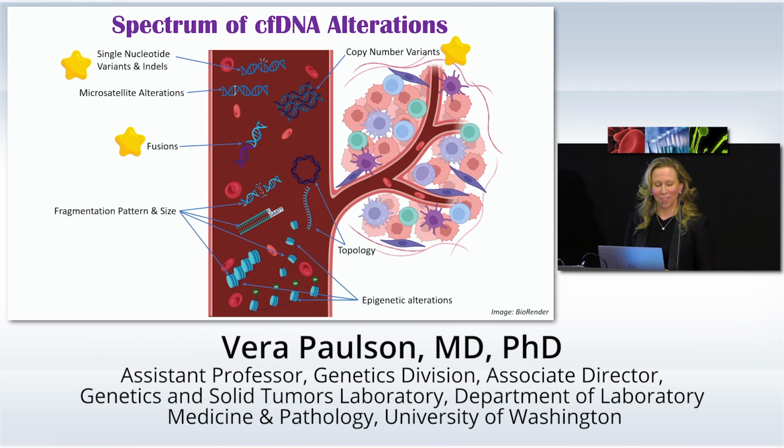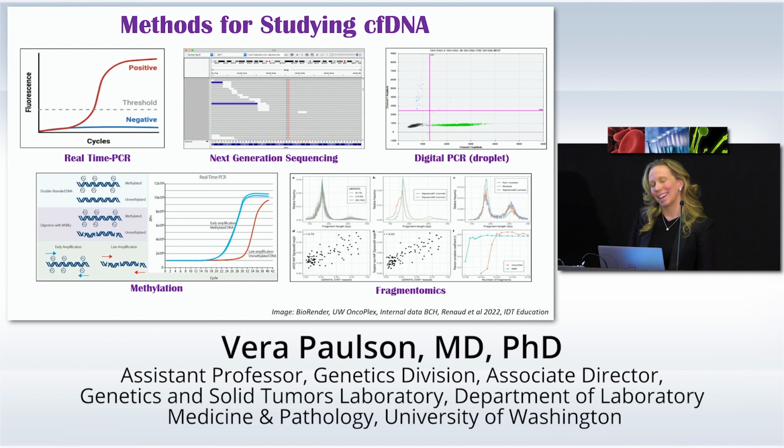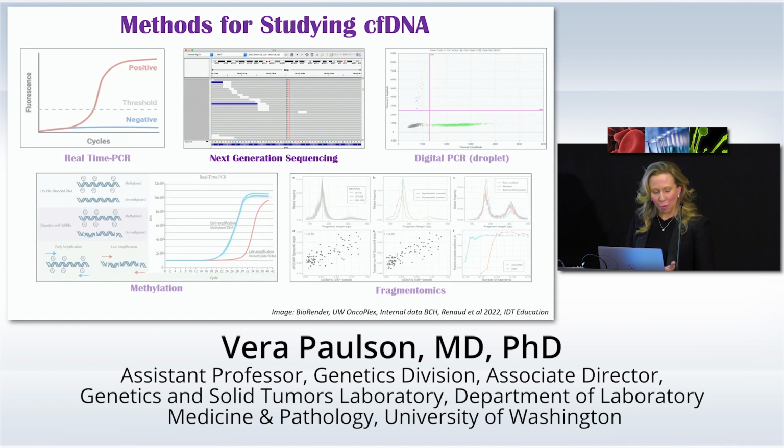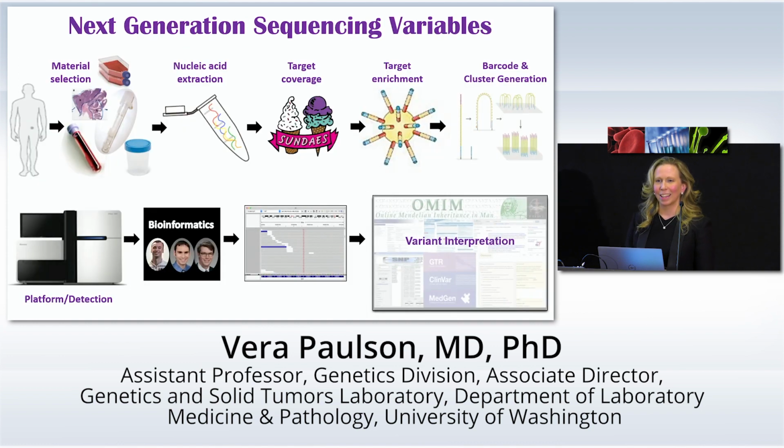Obviously, this is what I like to focus on. And we have a lot of different methods for assessing these alterations. I'm going to focus on the next generation sequencing, but some of these others will come back up at the end. I like to tell our residents next generation sequencing isn't one assay. It's not a one size fits all. There are so many variables that can be present between different assays offered by different companies and academic centers.